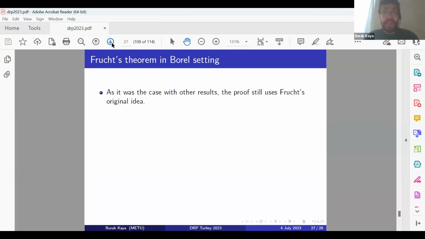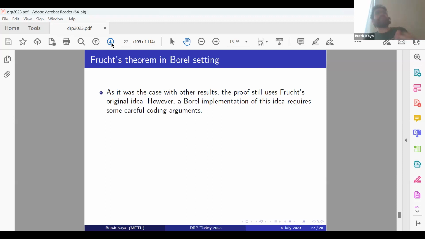Now, as was the case with the other results, we're still using Frucht's idea, by the way. It's interesting that everyone uses Frucht's idea because it's so good. It's a very creative idea. The problem is, when you look at the proofs of Sabidussi and de Groot for the infinite case, their arguments do not generate Borel graphs. Their arguments generate graphs which have very high cardinality, so they can't possibly be Borel. Now, we executed the same idea, but in order to make sure that everything stays Borel, you have to do a lot of coding arguments.